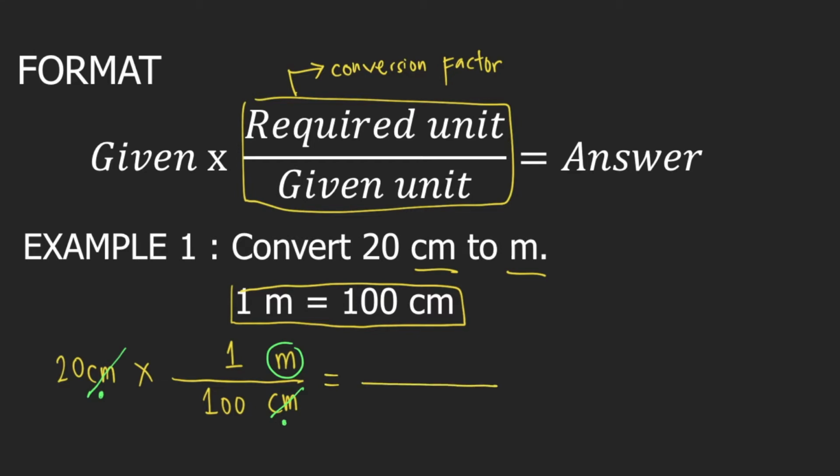So on top, we have 20 times 1 meter, and on the bottom, we have 100, and this is equal to 20 times 1 divided by 100, that is 0.20, and the unit is meters. So the answer to this question is 0.20 meters.